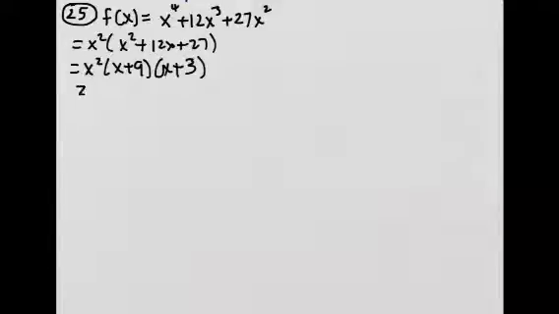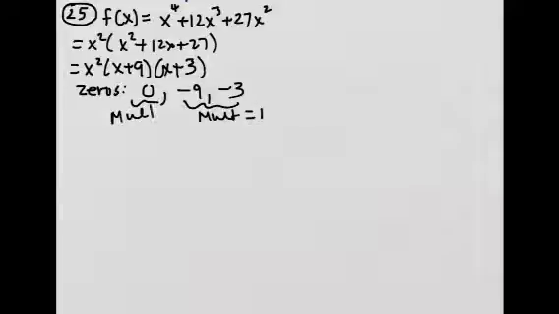And so the zeros are 0, negative 9, and negative 3. The multiplicity of these is 1. The multiplicity of the 0 is 2. So that tells you that if you graph this, at x equals 0 the graph would bounce off, and at negative 9 and negative 3, it would cross.